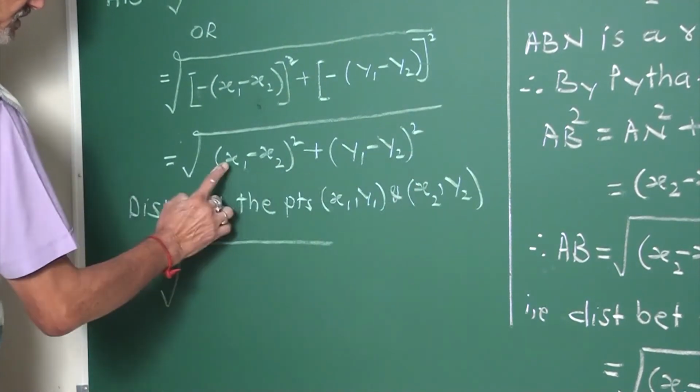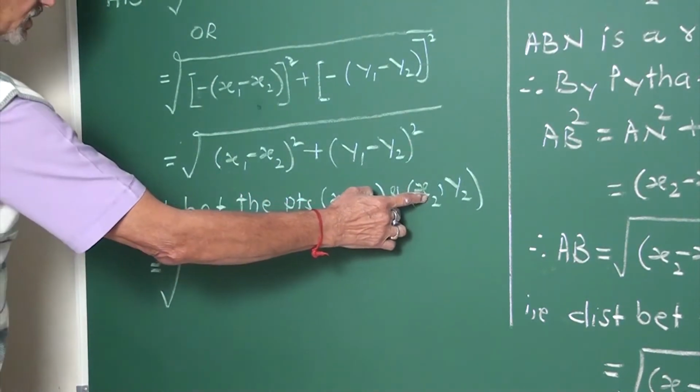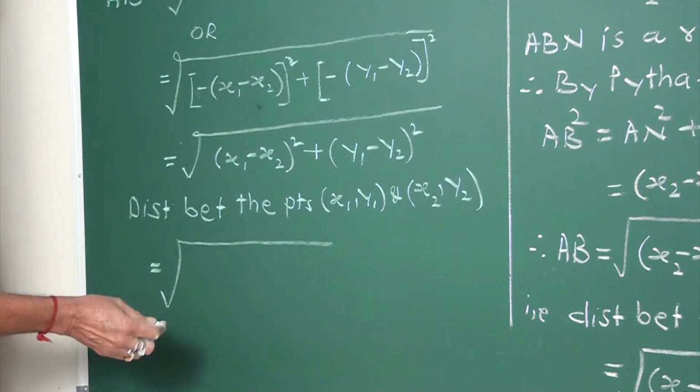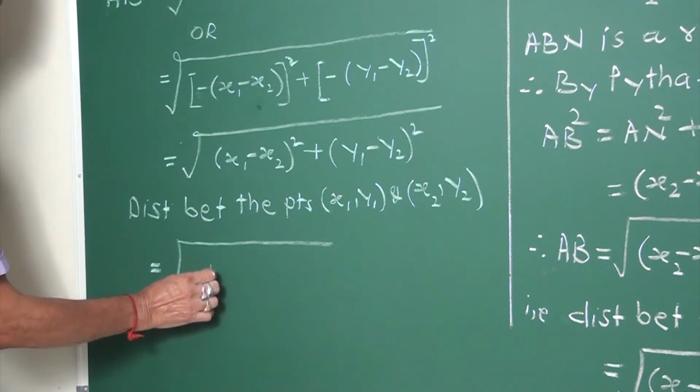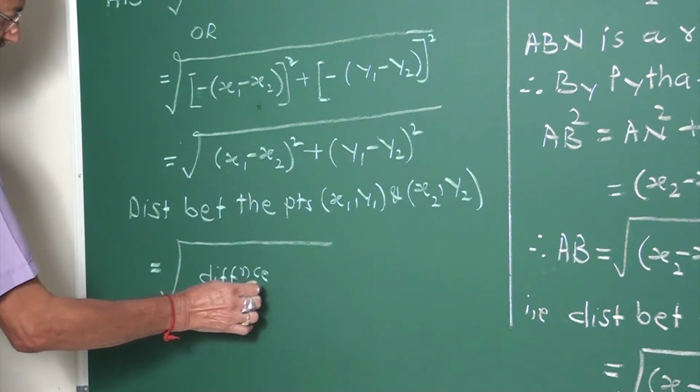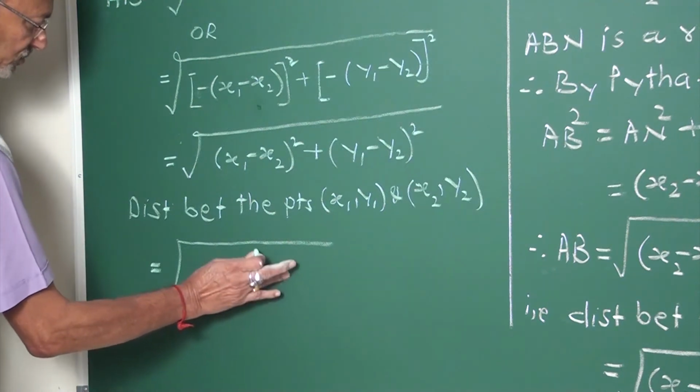First minus second is x1 minus x2, or x2 minus x1, second minus first. You can take any one. Anyway, it is a difference of x coordinates.